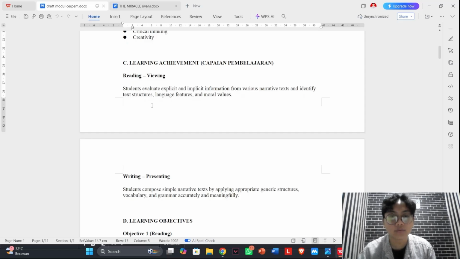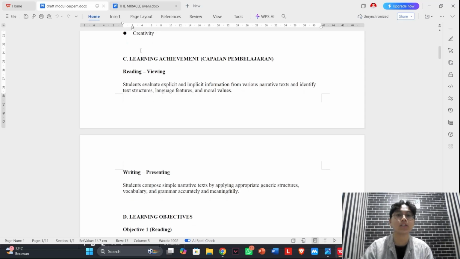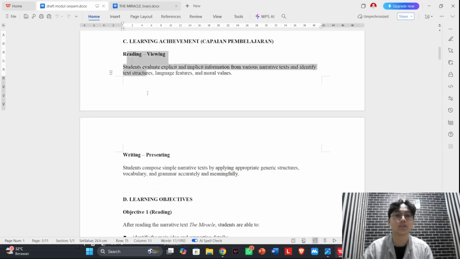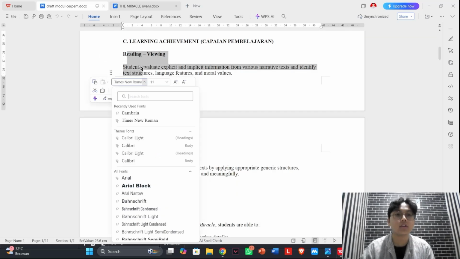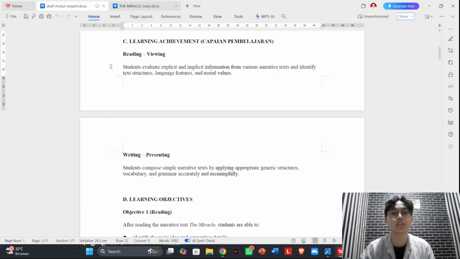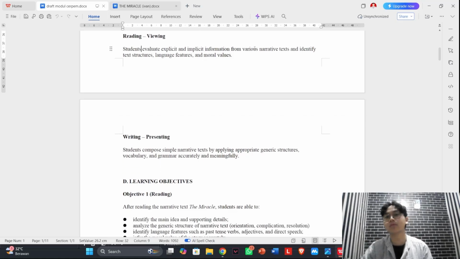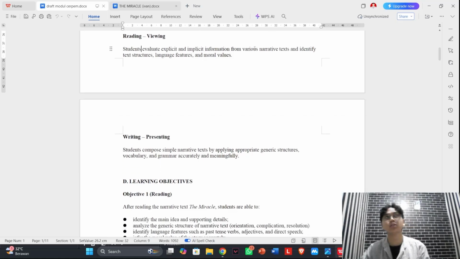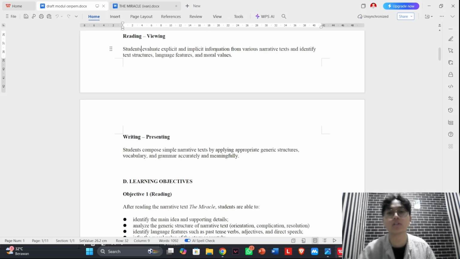After that there is the learning achievement for reading and writing. In reading, students evaluate explicit and implicit information from various narrative texts. So in these sessions, students have to evaluate their own reading and the explicit and implicit information from the narrative text.